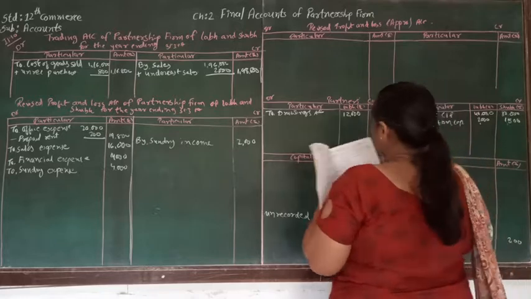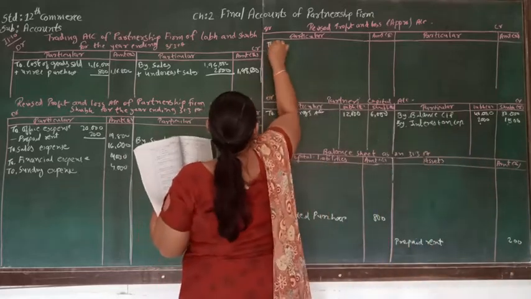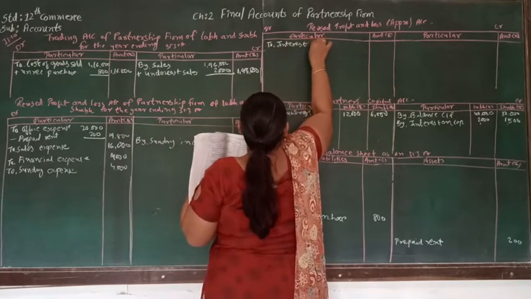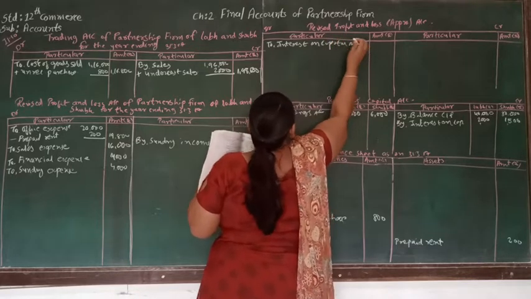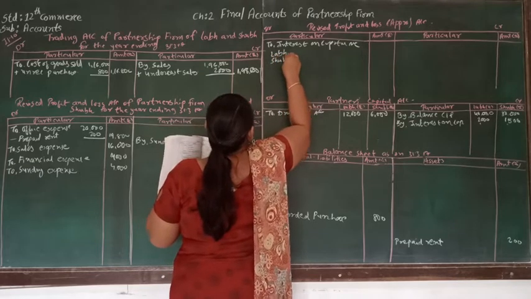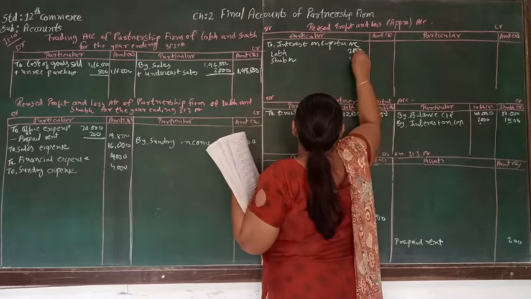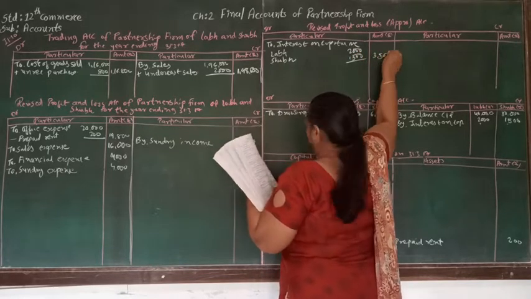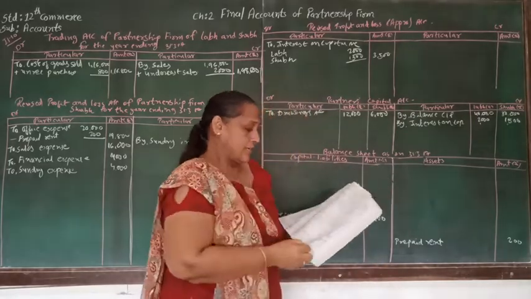This is supposed to be credited to the profit and loss appropriation account, to interest on capital, for Labh and Shubh. So that will be 2,000, 1,500. So total will be 3,500.